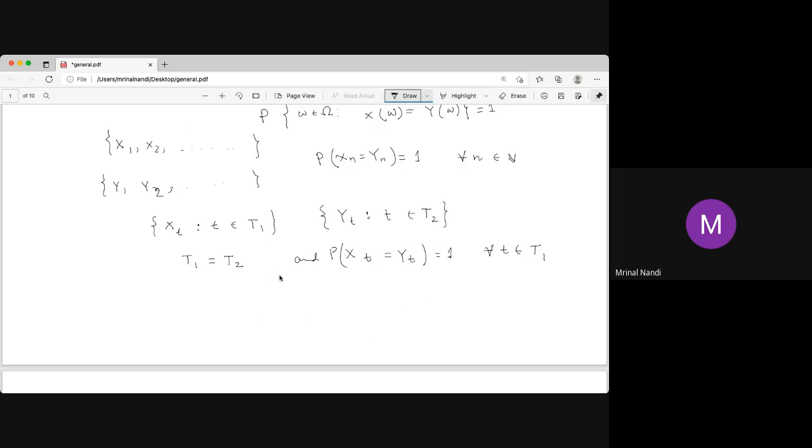So for every t, say capital T is the set of natural numbers, then X1 equals Y1, X2 equals Y2.